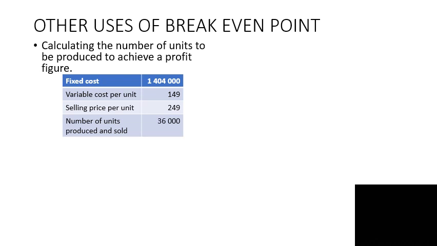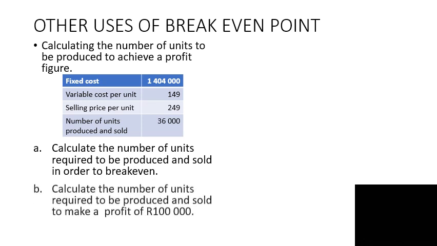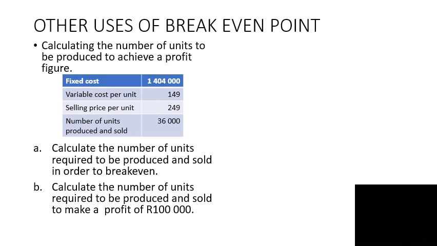Fixed costs 1,404,000, variable cost per unit 149, selling price per unit 249, number of units produced and sold 36,000. The question is calculate the number of units required to be produced and sold in order to break even, and calculate the number of units required to be produced and sold to make a profit of 100,000.